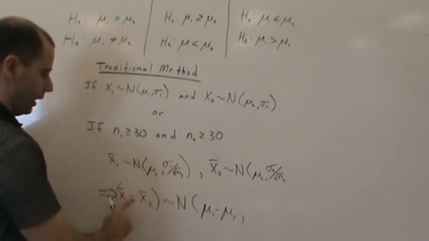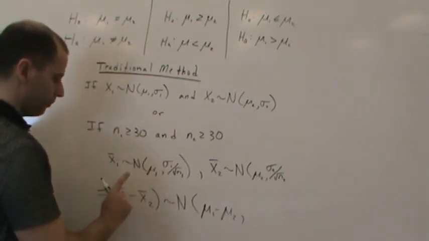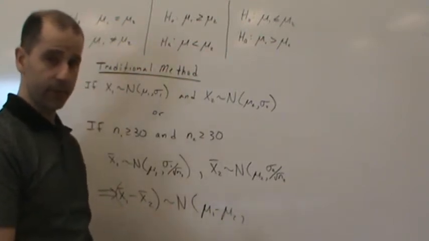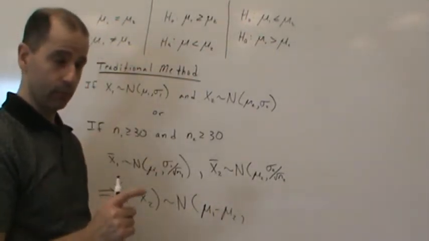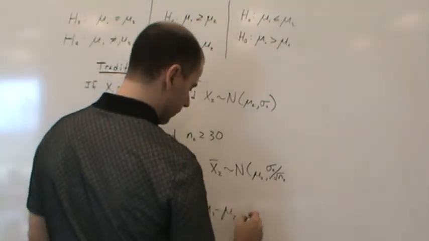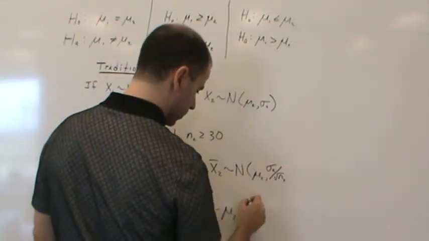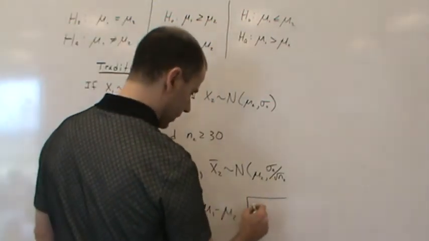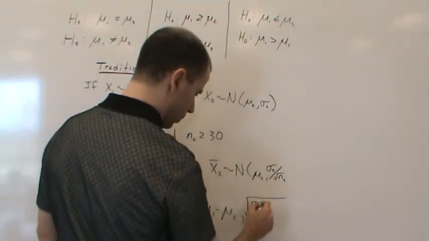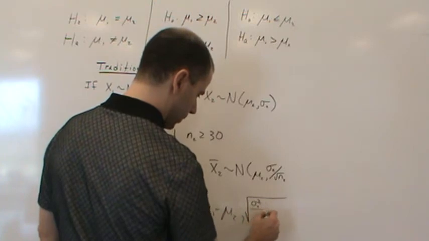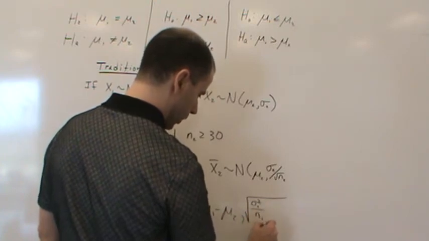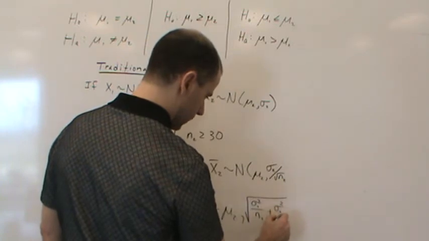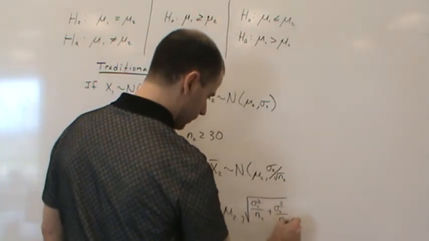It turns out to be the sum of the variances square rooted. So we take the square root of the sum of the variances. We're going to take the variance of population 1, so that's going to be sigma 1 squared divided by n1 plus sigma 2 squared divided by n2.